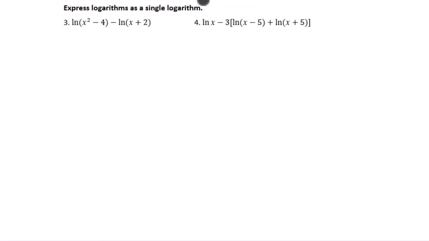Okay. So subtraction means division. So this would be ln x squared minus 4 over x plus 2.